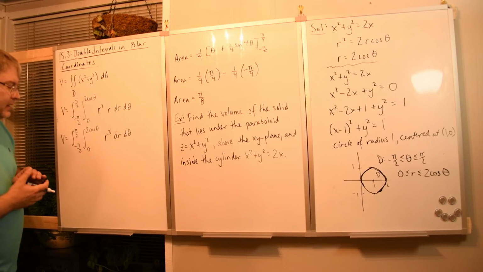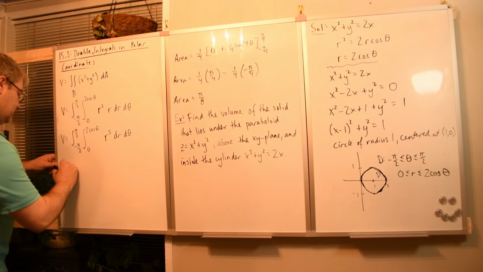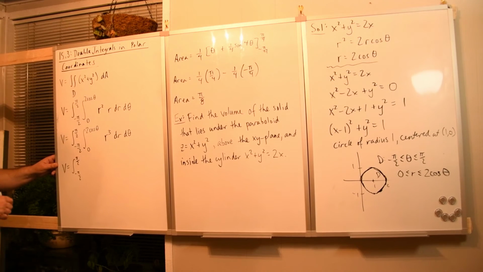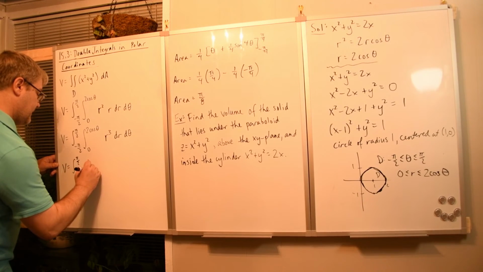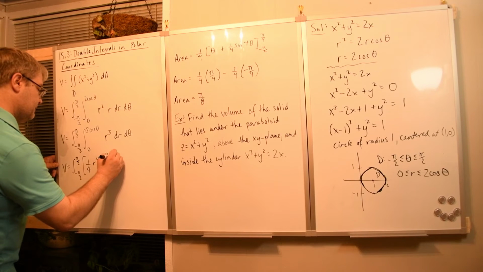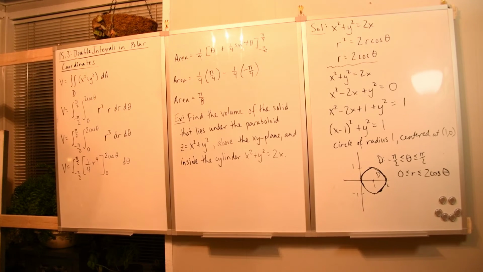All right. The r cubed is going to integrate to 1/4 r to the 4th. And we take that from r equals 0 to r equals 2 cosine of theta.